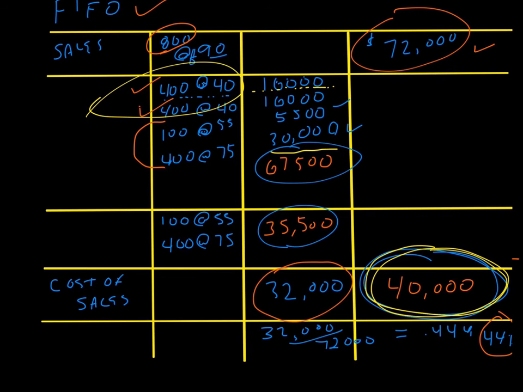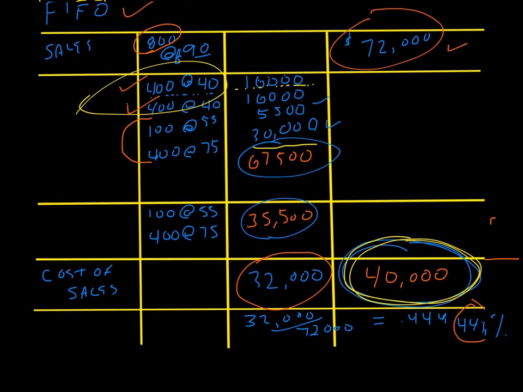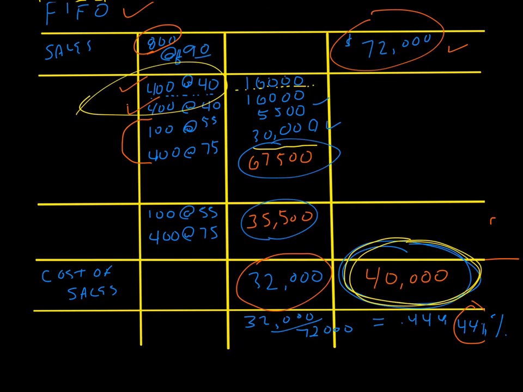Okay, so here I've got the FIFO slide and our gross profit right here. This was our gross profit at 40,000, and our cost of sales as a percentage was 44%. Then let me shrink this out.